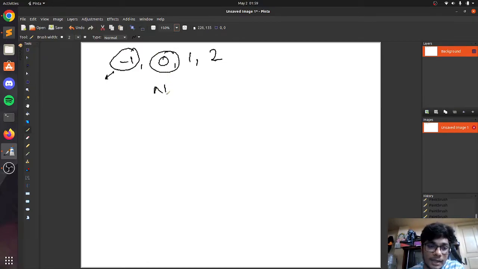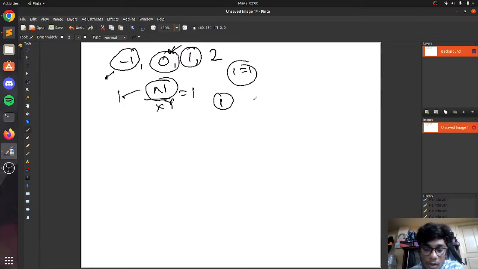If n is already 1, then you need 0 moves, so 1 equals 1 and you can do it in 0 ways. So this case is completely over. If you take 1, we have already seen in the previous slide that if n is odd, then it becomes 1 in one move, that's it.